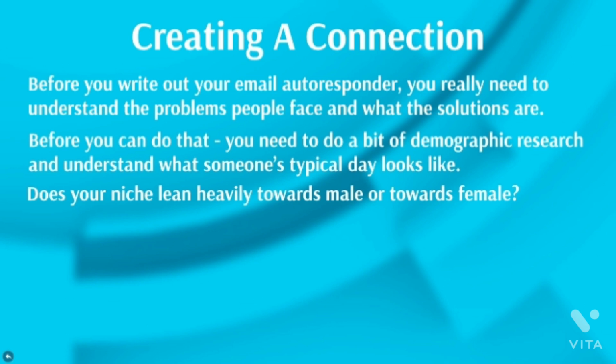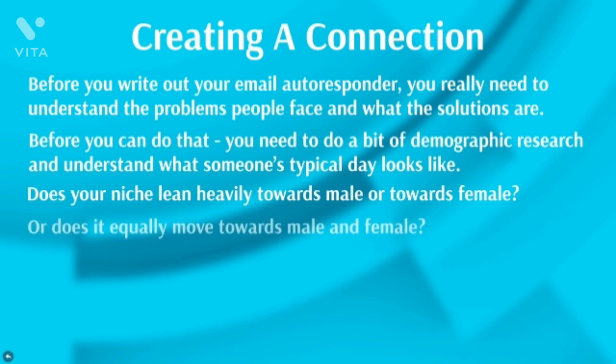So my question to you is, does your prospect within your niche lean heavily towards male or towards female? Or does it move equally towards both? For it to lean towards female, let's say for example that niche is 90% female, or 95%, or even 75%.